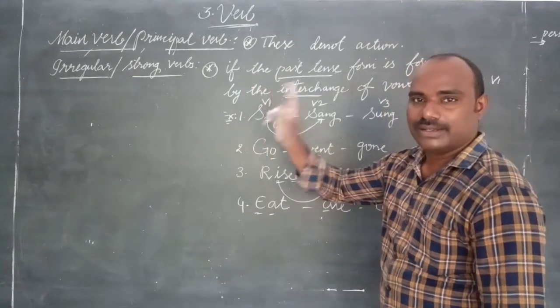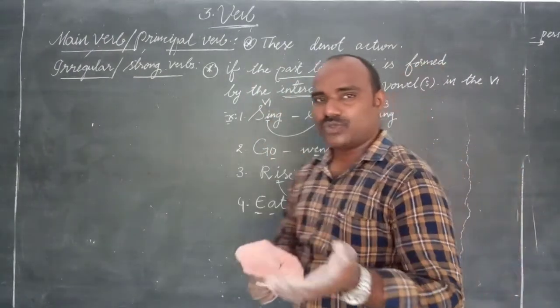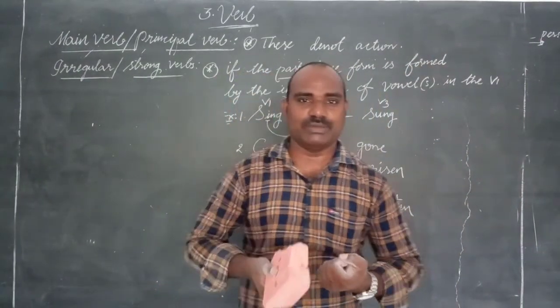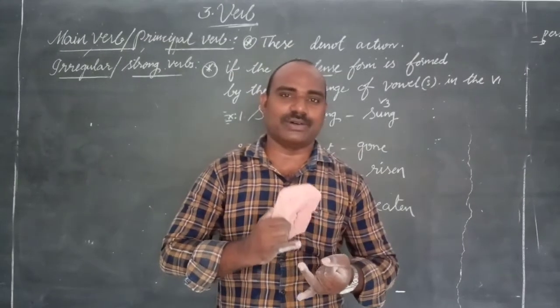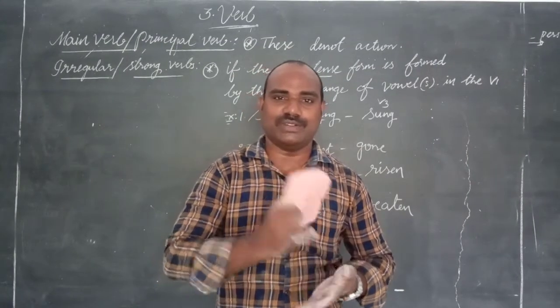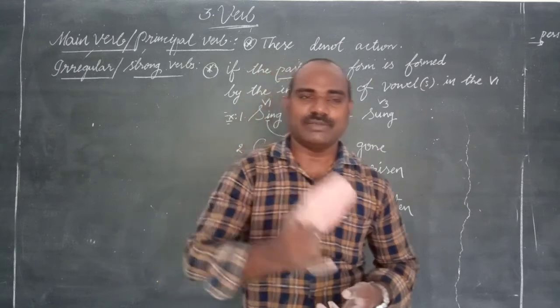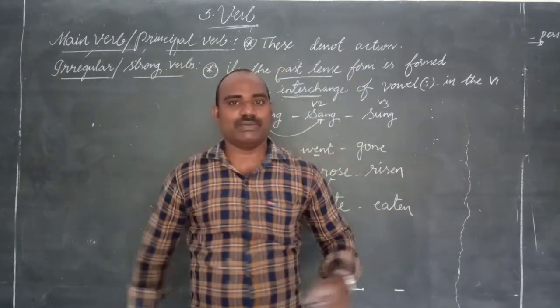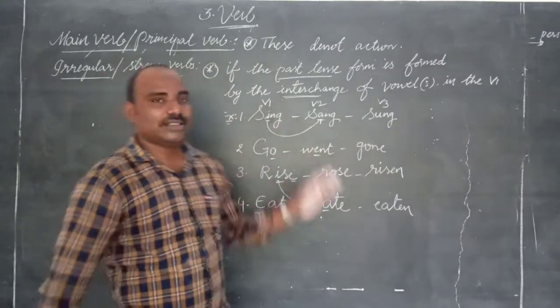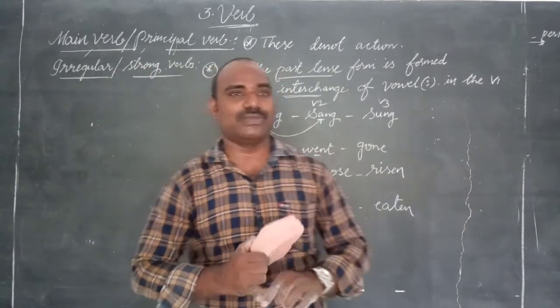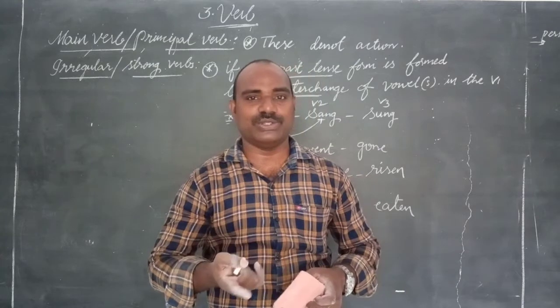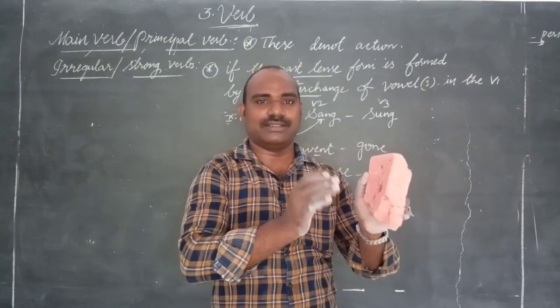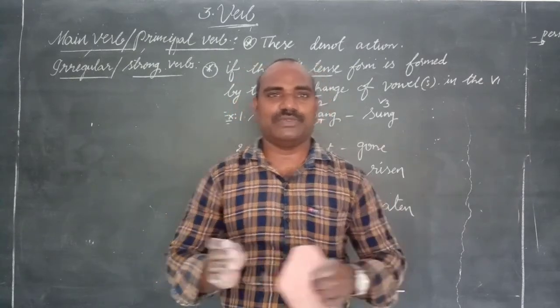Regular verbs, irregular verbs. The regular way of getting the past tense form is by adding D or ED or T to the main verb. Then it is called a regular verb or weak verb. But coming to irregulars, the past tense form is formed by the interchange of vowels, by changing vowels from one place to a different place.